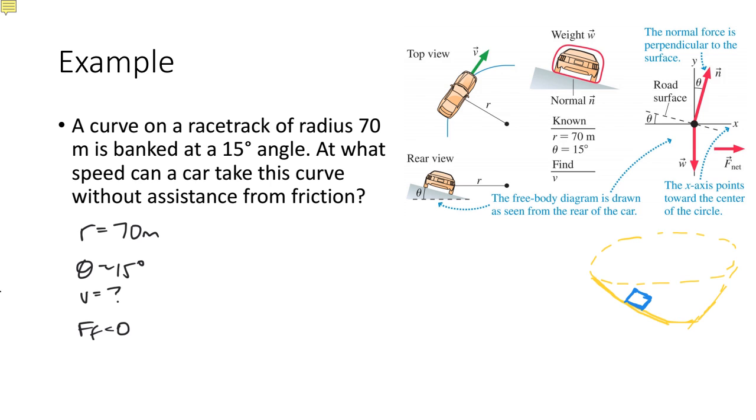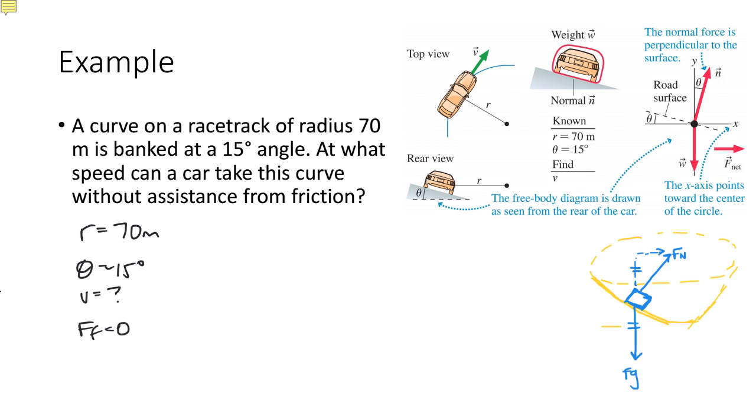Since the path is circular in this direction, that must mean that the centripetal force has to be acting inwards towards the center of the circle, and we have to find a force that's acting inward. This car has a force of gravity and a normal force, and you might notice that the force acting inwards towards the center of the circle is this part of the normal force right here. That makes sense because the force of gravity downwards has to equal this part upwards.